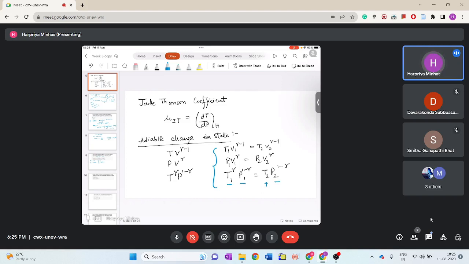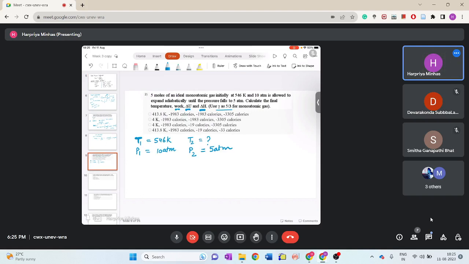So we are going to use this equation. I can arrange the equation in this manner.